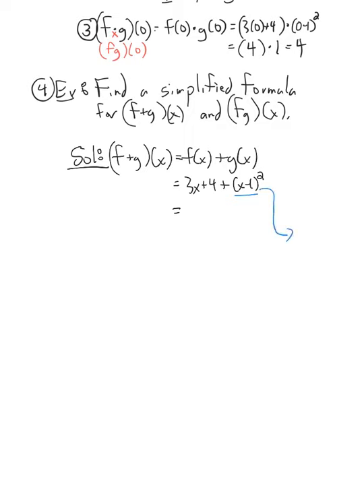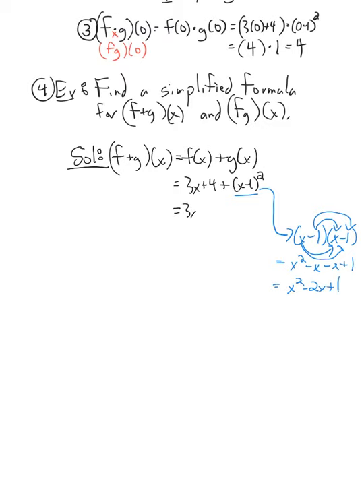Remember, x minus 1 squared is x minus 1 times x minus 1. So we'll expand this out using distributivity. So x times x is x squared. X times negative 1 is negative x. Negative 1 times x is negative x. And negative 1 times negative 1 is positive 1. So x minus 1 squared is x squared minus 2x plus 1.